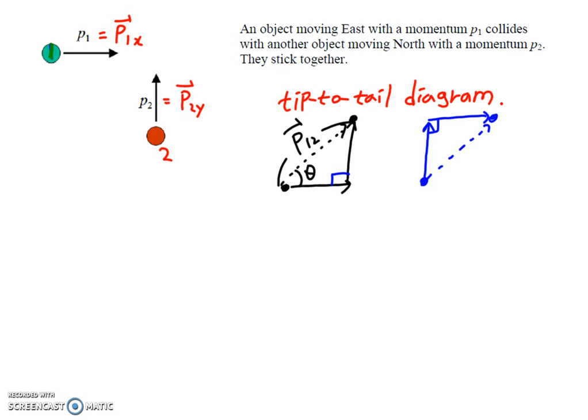If you connect those as a hypotenuse, and as long as you see that the resultant vector is the hypotenuse of the tip-to-tail diagram, you're on the right track. The only difference is your angle, your navigator method angle, should be written differently.